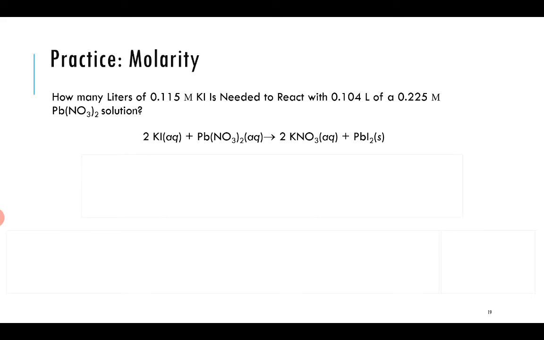Okay, let's go over this. Now remember that every time we see a molarity in a problem, that is going to be used as a conversion factor. So that's the conversion factors that are going to help us find our moles and get out of moles.